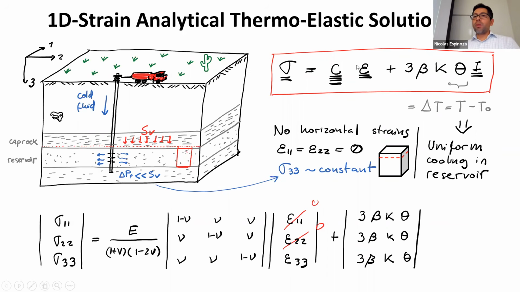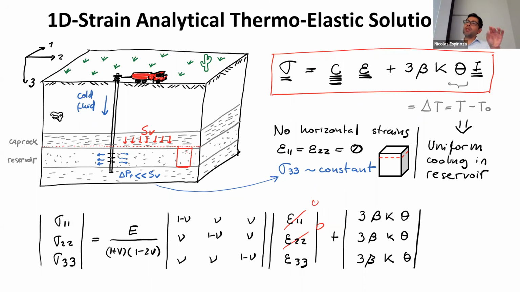Okay, so first of all, we get our constitutive equation that relates stresses, strain, and temperature. The second thing that we do is we assume the boundary conditions that are relevant for this case. In this case, what we're going to assume is that this entire reservoir changes temperature a given amount, and that everything more or less changes temperature at the same time.